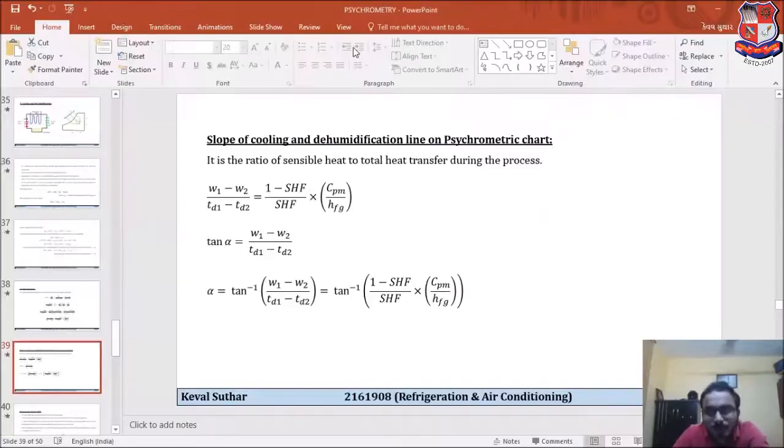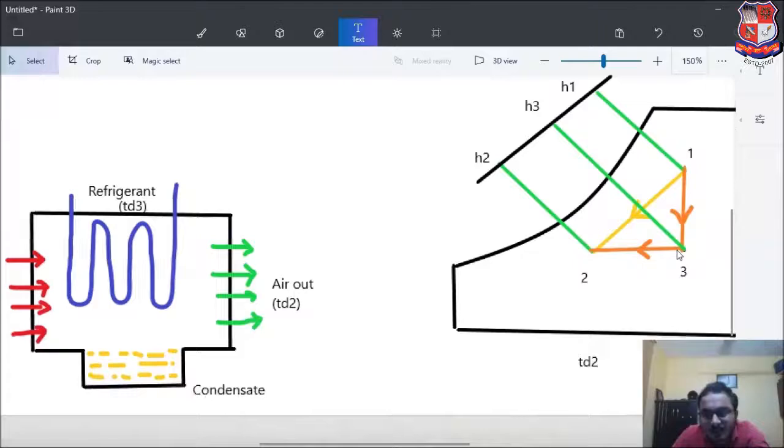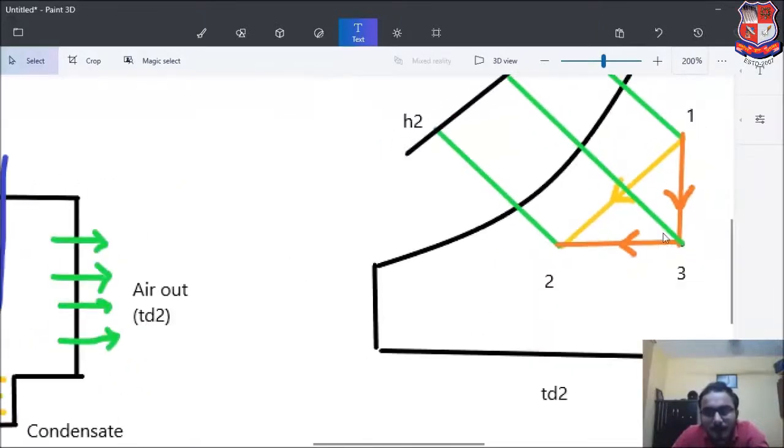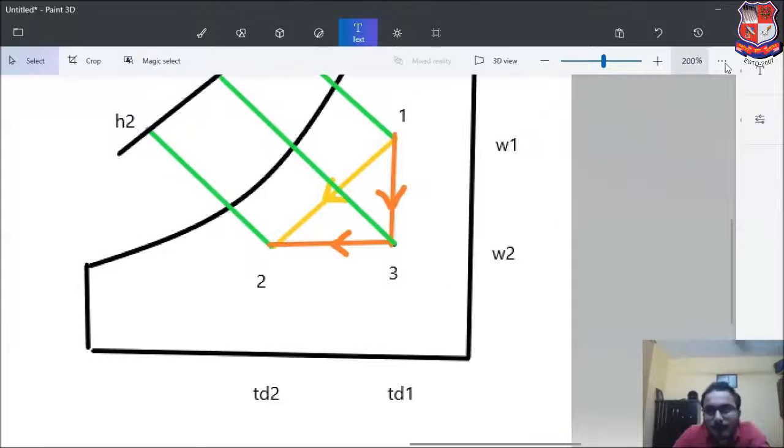Now if we go back into our figure, this is going to be our angle alpha.